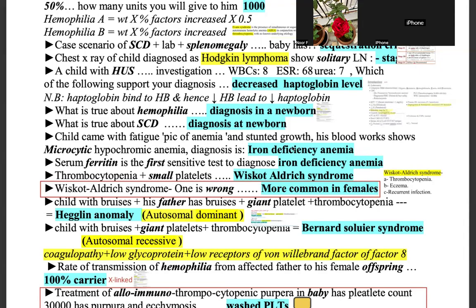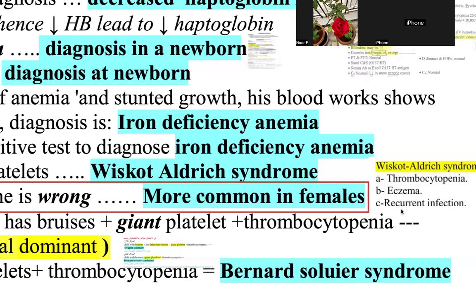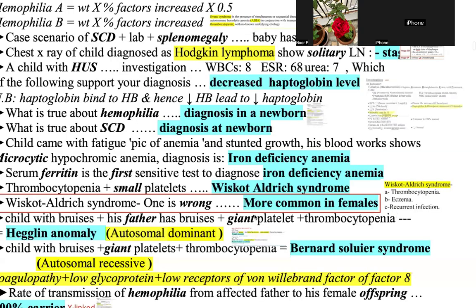Here also same question. There is no difference. See, here it is given. Wiskott-Aldrich syndrome, thrombocytopenia, eczema, and recurrent infection is the triad. So more common in females is wrong.